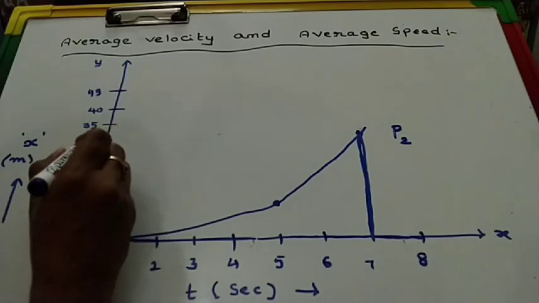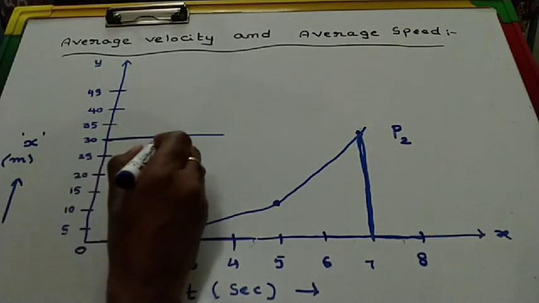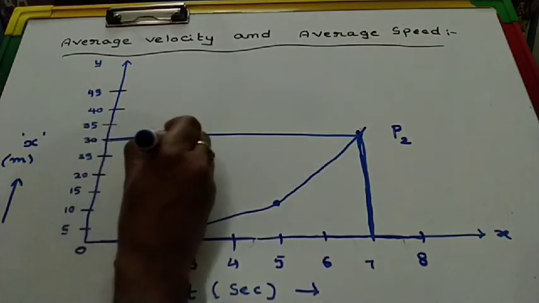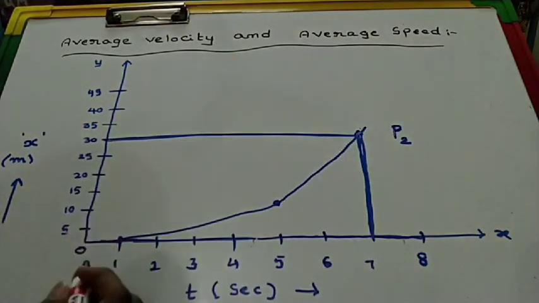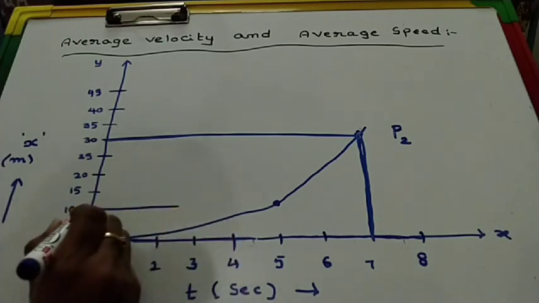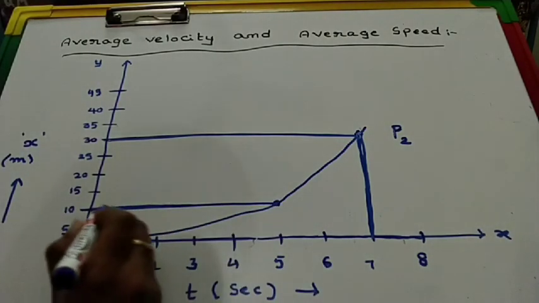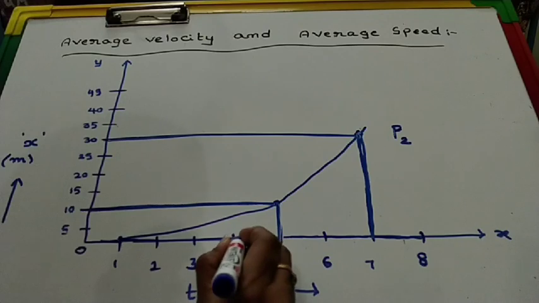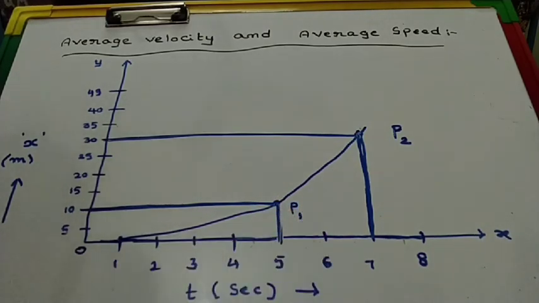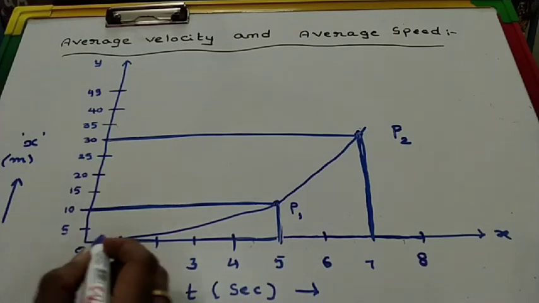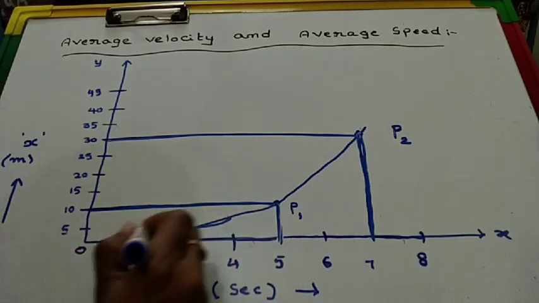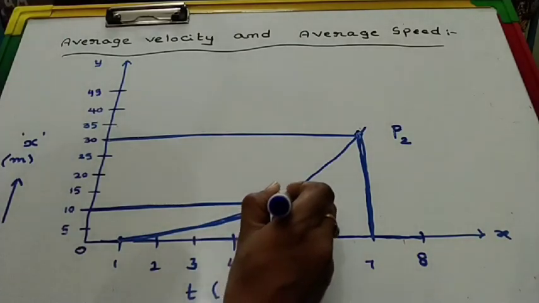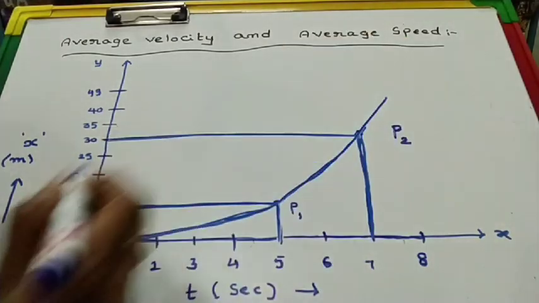Now draw a line parallel to the x-axis at position 10. Now consider these two will meet at a point P1. Now we are going to discuss this graph point by point. Please observe carefully. Now I connect point P1 and point P2.